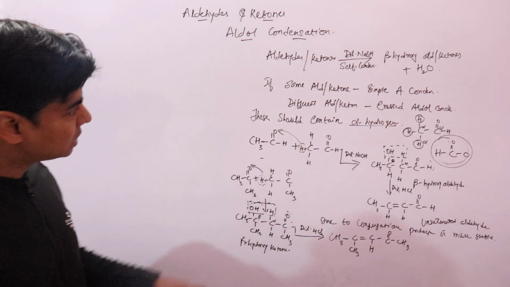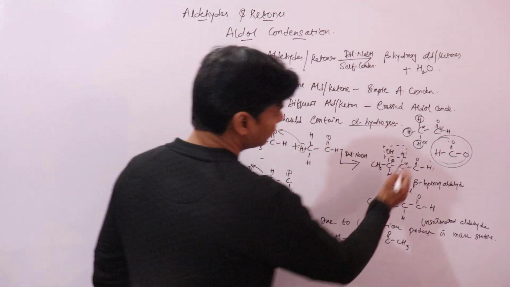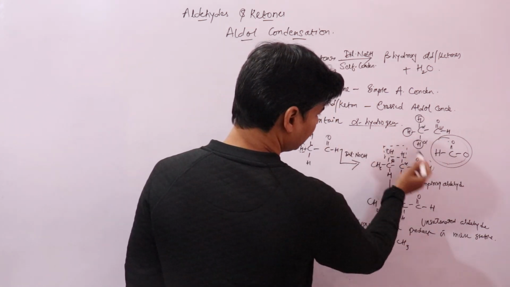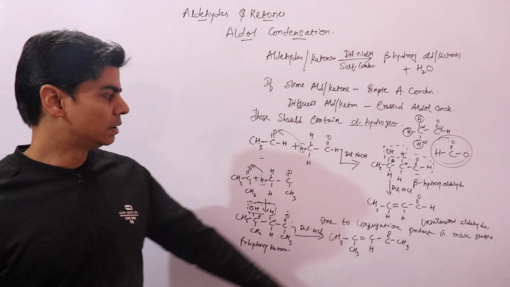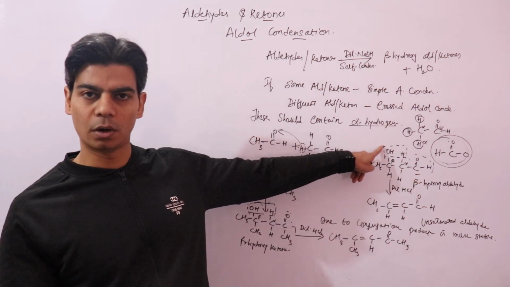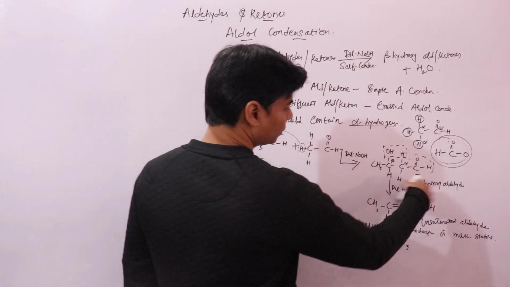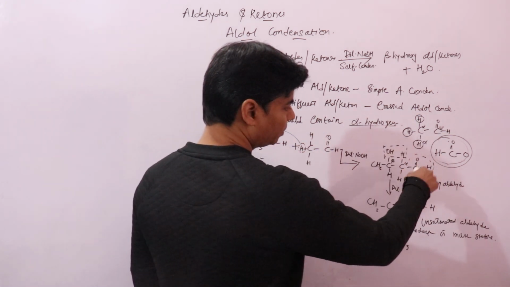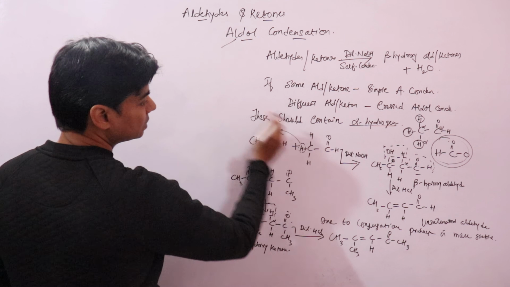And now we'll understand why we call it aldol. If you look at this product, it contains an aldehyde group, it contains an OH group. This is aldehyde, ALD, this is OH. That OH is your alcohol, OL. So this product, your beta hydroxy aldehyde or ketone, gives the name.